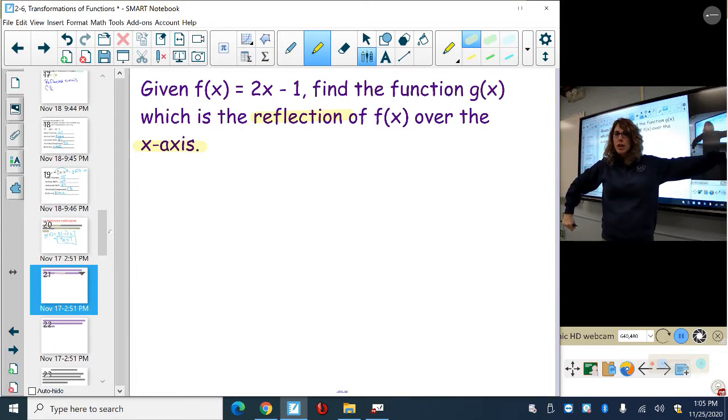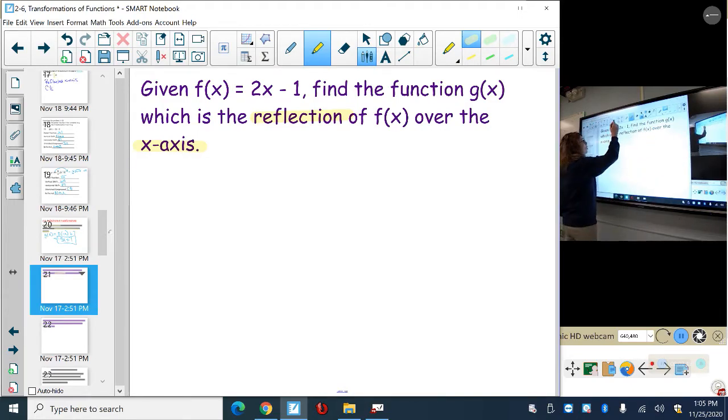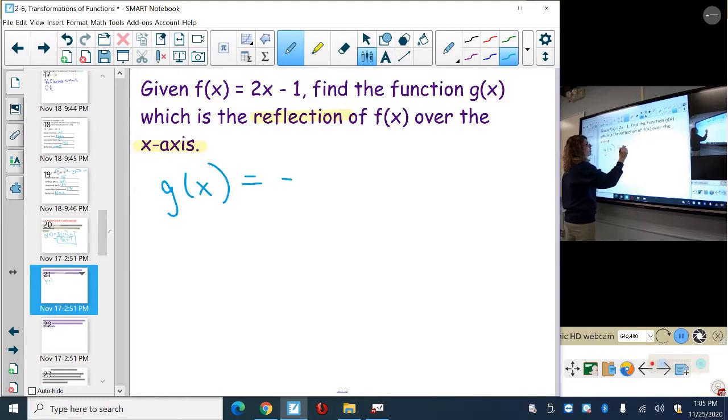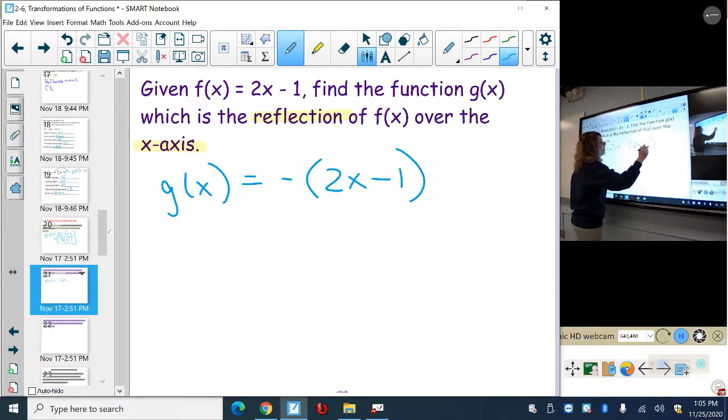The x value doesn't change. What changes is the y value goes from being positive to negative, or from negative to positive. The x's remain the same. So what this means is you are simply going to take the f function and multiply the entire thing by a negative 1.